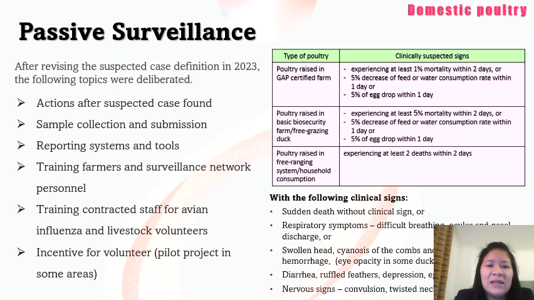Basically, these clinical case definitions are to increase the sensitivity of detecting any suspected cases. So if it matches these case definitions, it is the responsibility of farmers to report to officials and authorities.